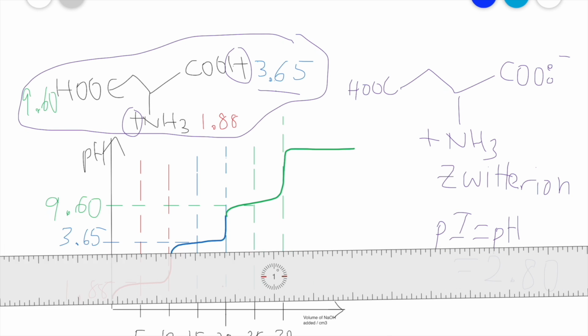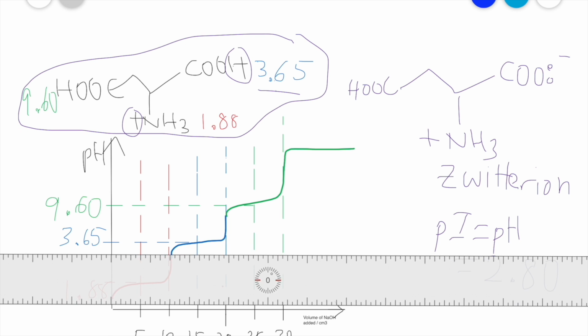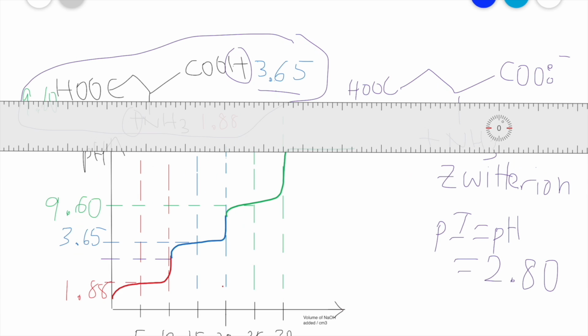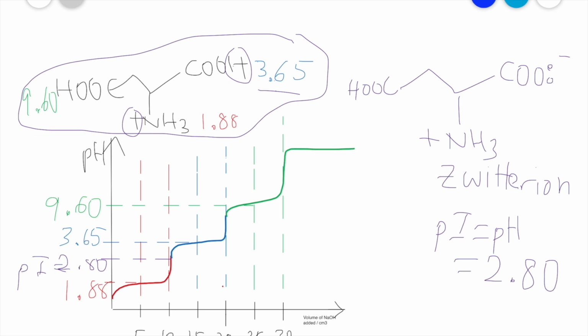What you want to do is find the middle of the equivalence point and just draw a little line over there. pI equals 2.80, and that's it for the titration of an amino acid.